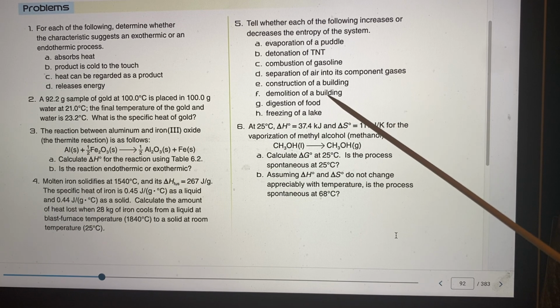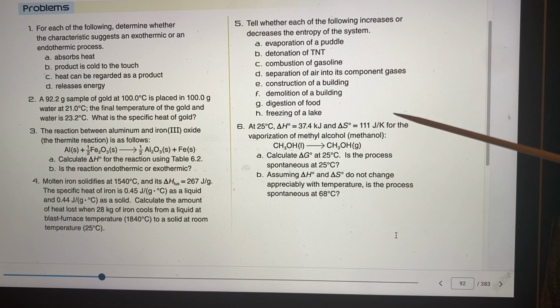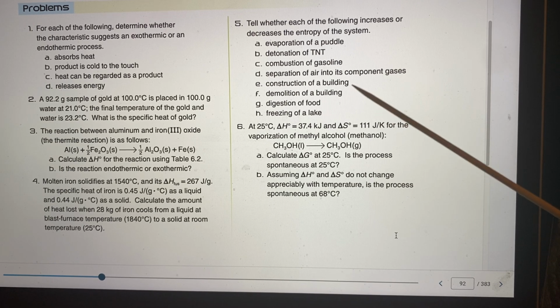On to E, the construction of a building. Well, a building goes from disorder to order, right? You're building something. This is going to be a decrease in entropy because it's not being destroyed, it's being built up. The demolition of a building is going to be from order to disorder, right? You're destroying the building. It's going to be an increase in entropy.